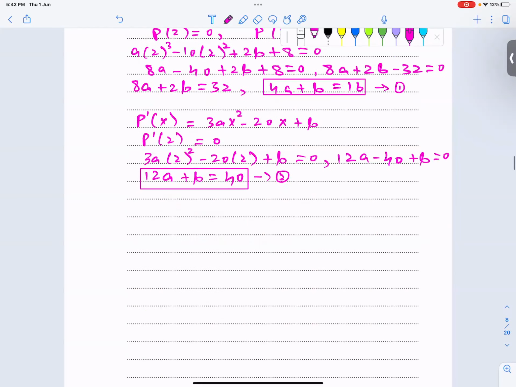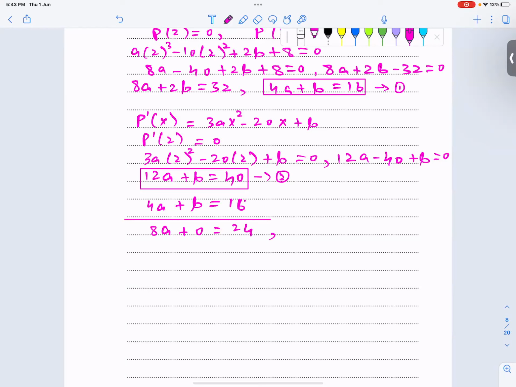Now we need to solve these two equations to get a and b. Okay, so just subtract both the equations. First equation, 4a plus b is equal to 16. Subtract them. 12a minus 4a is just 8a. b minus b will be 0. And 40 minus 16 will be 24.